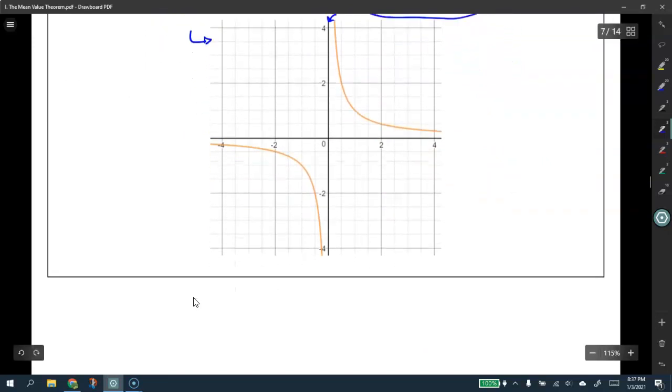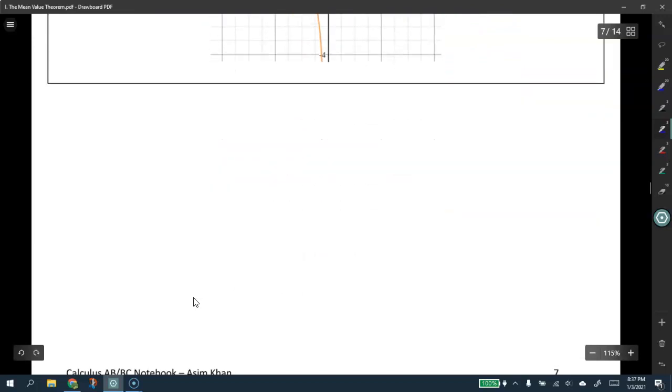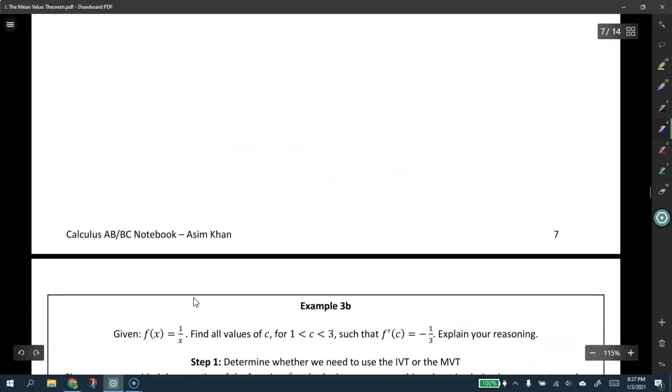And so that's all there is to that part of the question. Now, what if, on the other hand, they took the same exact function? In example 3b, what if we took the same exact function, and this time we were asking about the interval 1 to 3? Well, in this situation, it actually does make a difference, because in the interval 1 to 3, notice that the number 0 falls outside of the interval, right?